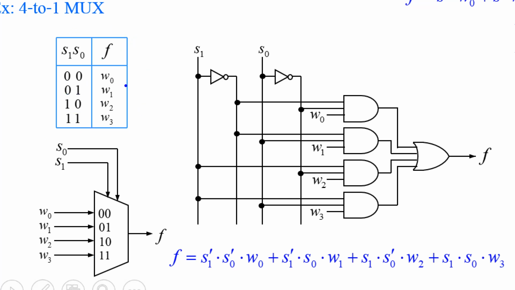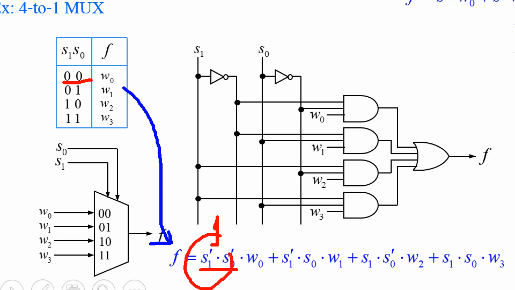And from these two tables, you can write down the function in sum-of-products form. Namely, if this condition becomes true, S1 prime, S0 prime, this term will be 1.